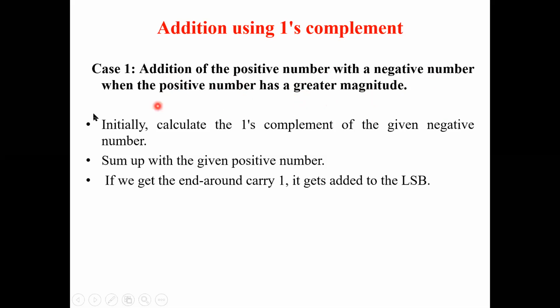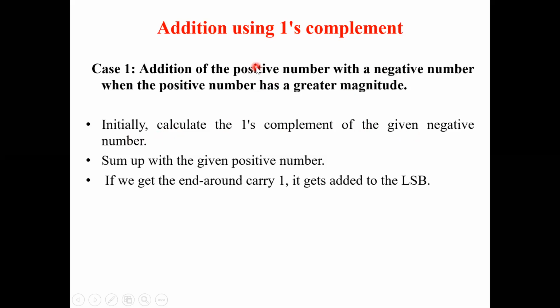So what is the first step? Initially calculate the complement of the given negative number. Remember you have two numbers to add: one is a positive number, the second is a negative number whose magnitude is less than the positive number.